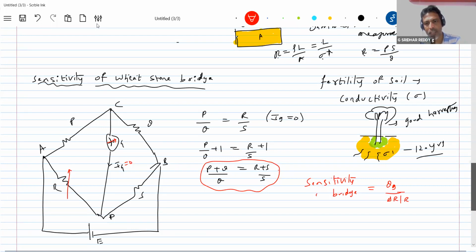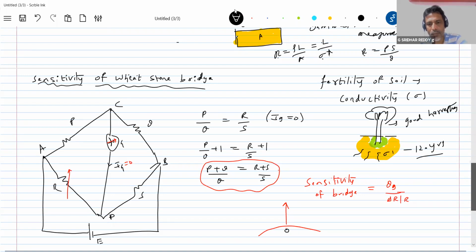Now you can ask why you need this. First of all, the current through the galvanometer is zero, and the reason for that is to have more accuracy. The difficulty is with the pointer for the balance condition; the pointer should be zero.